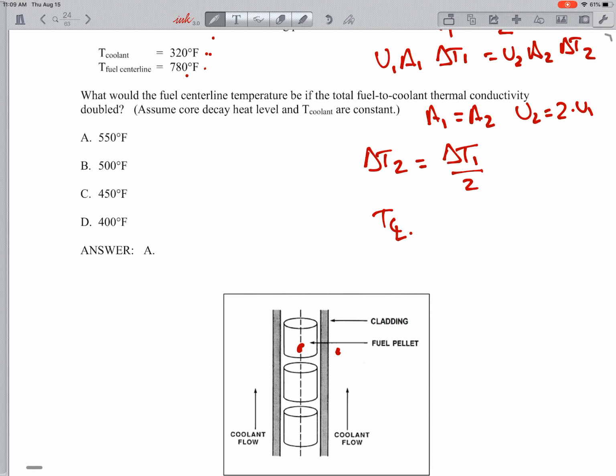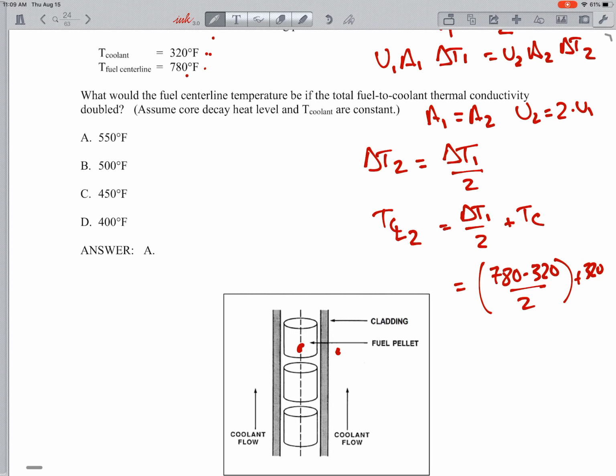Temperature center line at point 2 is going to be equal to delta T1 divided by 2 plus temperature of the coolant. And that will be equal to 780 minus 320 divided by 2 plus 320.